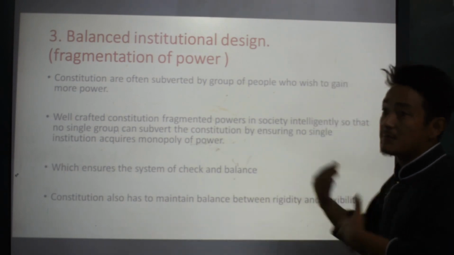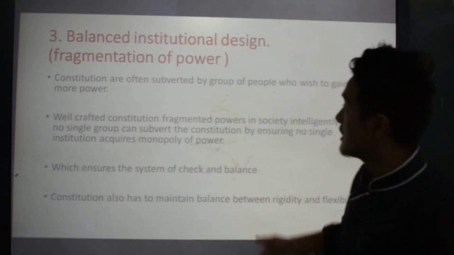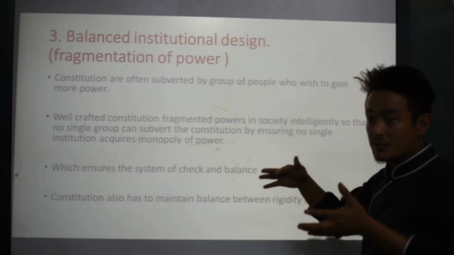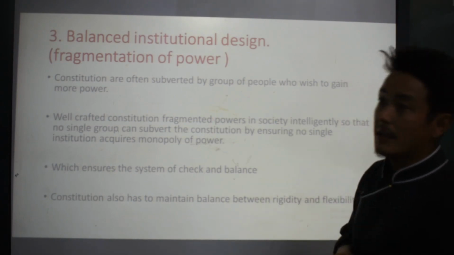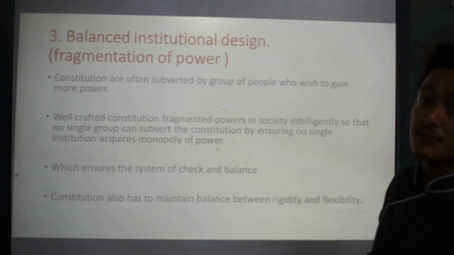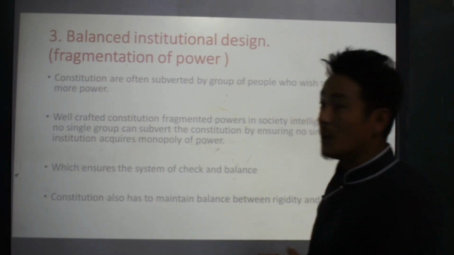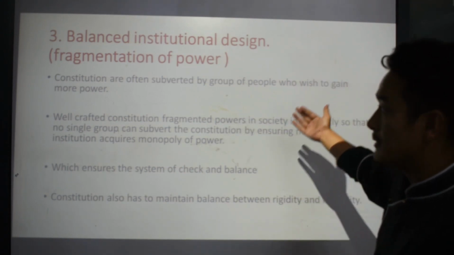The constitution has been subverted in different areas, in different countries throughout history, like Nazi Germany under Hitler, and in fact they successfully subverted the constitution. Constitutions are subverted mainly by a group of people.